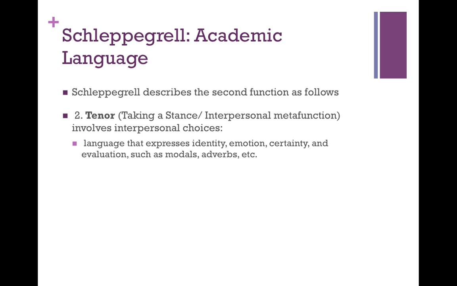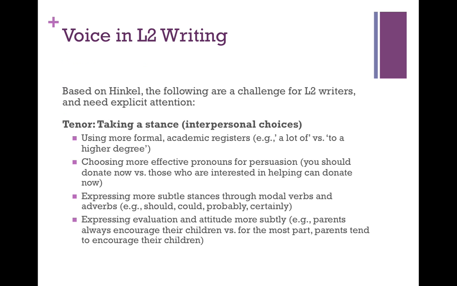In terms of tenor, Schleppegrell points out that this part is about taking a stance or showing who you are. So any language that expresses identity, emotion, certainty, evaluation, and a lot of it is modals like would, could, should, and adverbs. So what do second language writers struggle with in tenor or taking a stance?